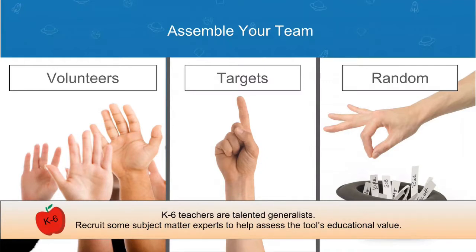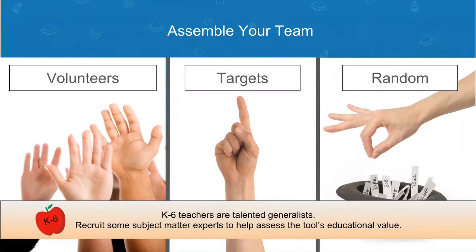But if you're getting a product that is math specific or science specific, you want to have those subject matter experts in your corner to be able to really drill down into the scientific pedagogy or the numeracy that's involved and how effective it is at addressing some of those concerns. So you should target a few, perhaps two or three champions within this pilot that you can lean on or that you know are going to be really enthusiastic about this product.